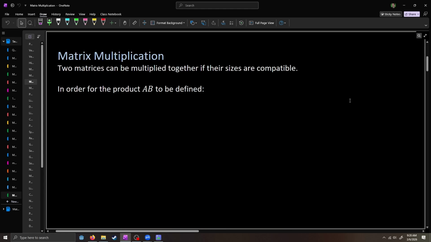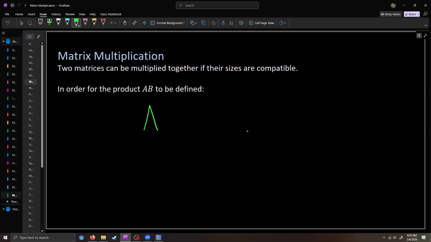Just like with matrix addition and matrix subtraction, if you want to multiply two matrices together, their sizes have to be compatible. However, if you want the matrices to be compatibly sized for multiplication, their sizes and shapes have to follow the following rule.